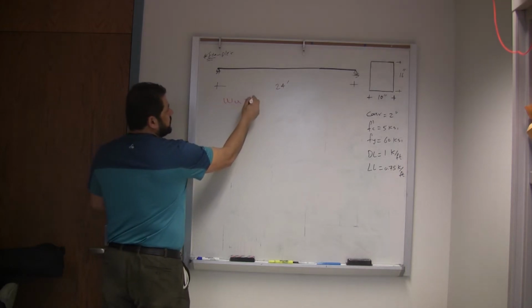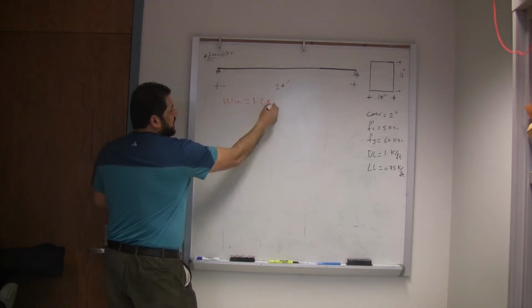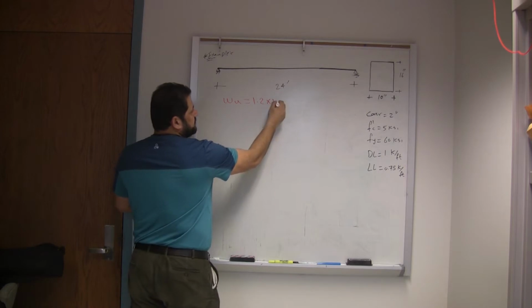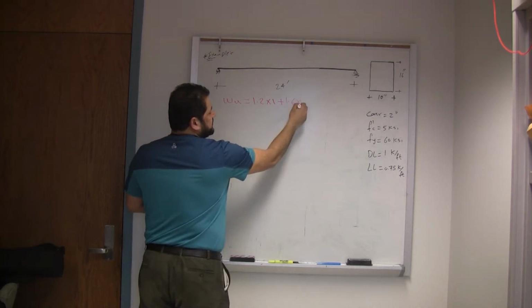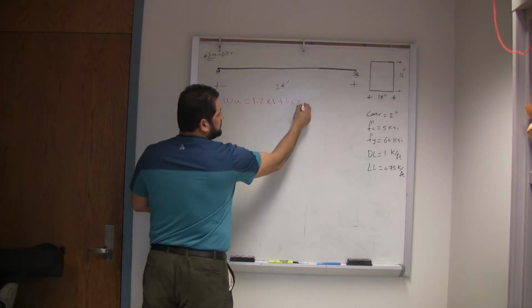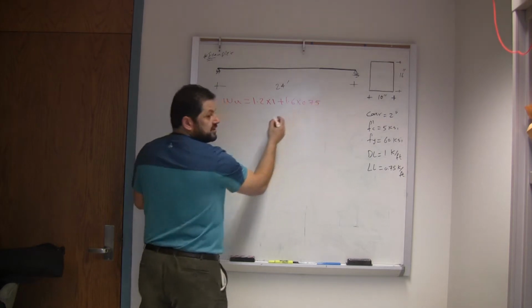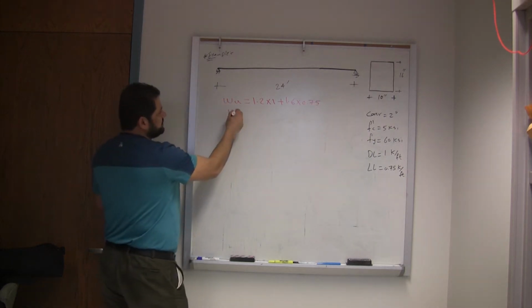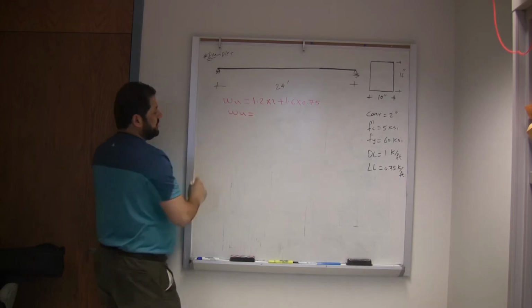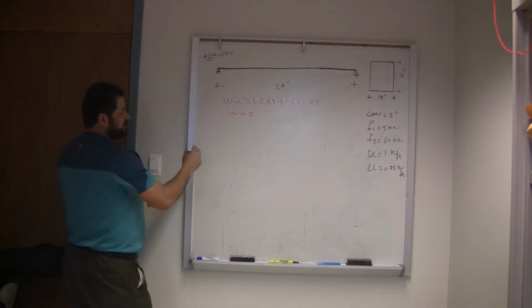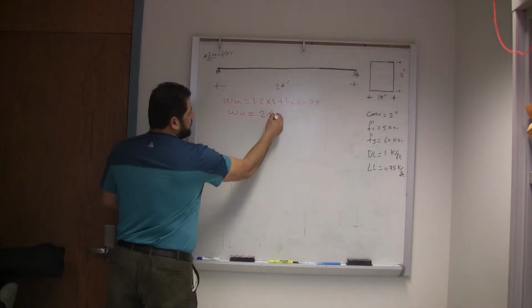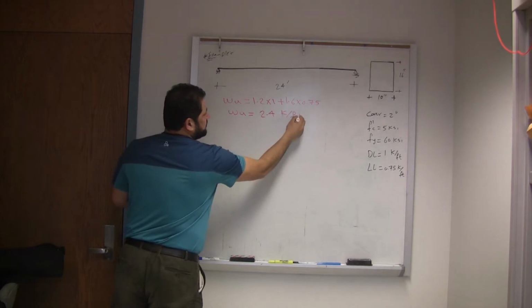W ultimate equals 1.2 times the dead load, which is 1, plus 1.6 times the live load, which is 0.75. So you will have W ultimate equal 2.4 kip per foot.